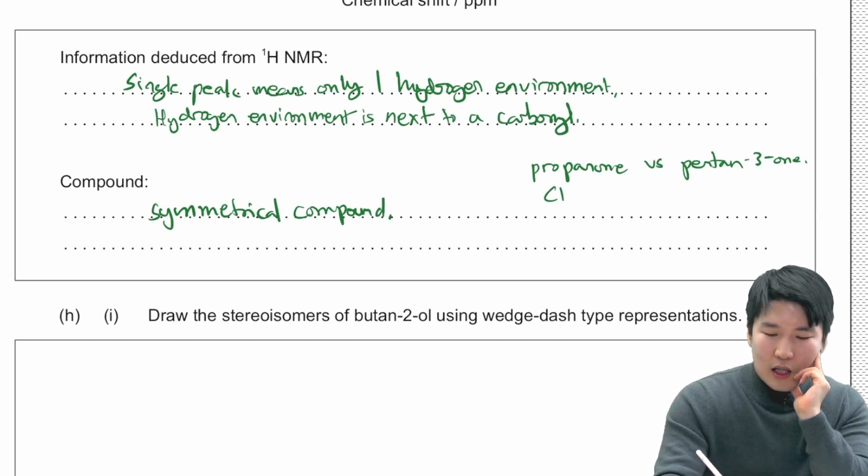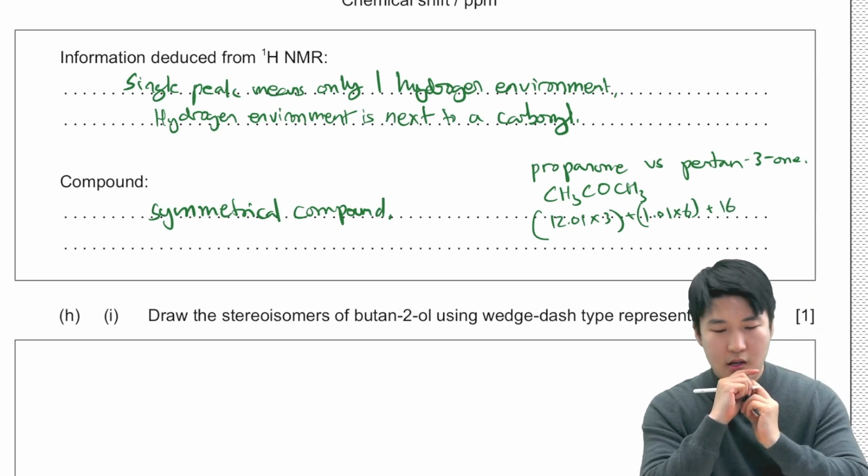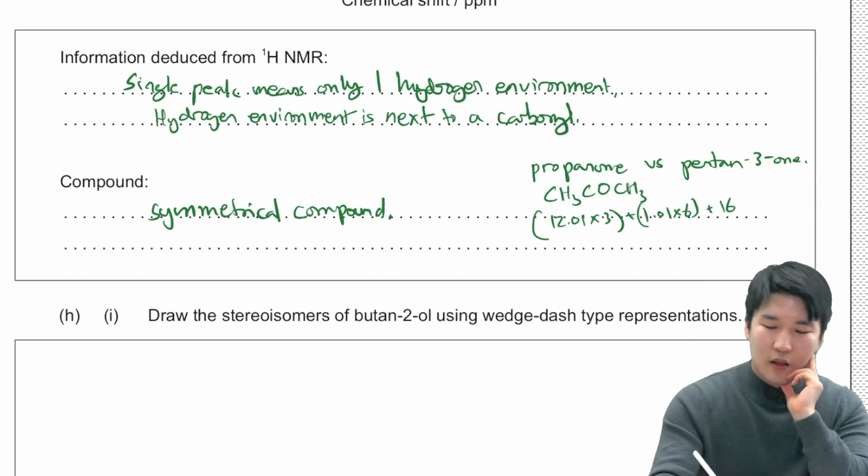Propanone, CH3COCH3, has 12.01 times 3 plus 1.01 times 6 plus 16, which is 36.03 plus 6.06 plus 16, about 58.